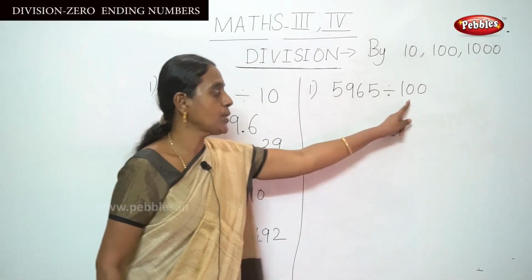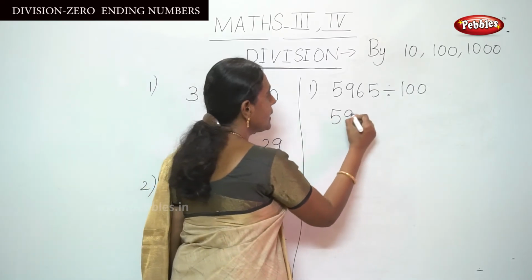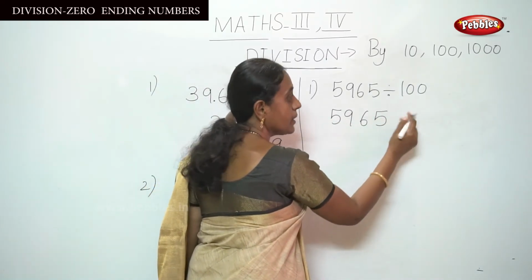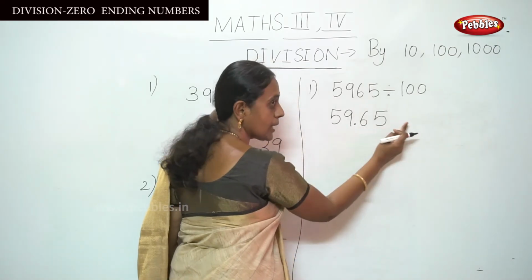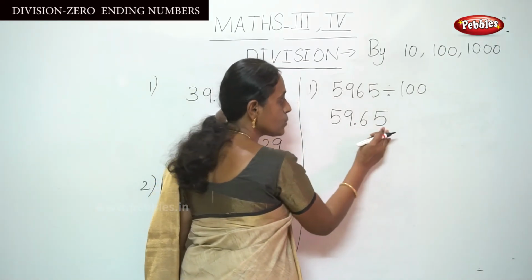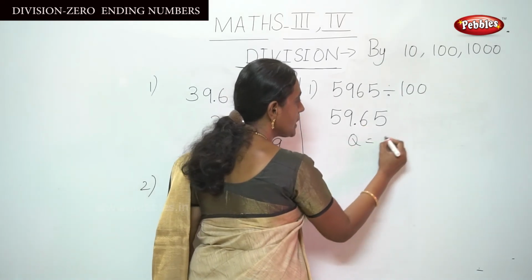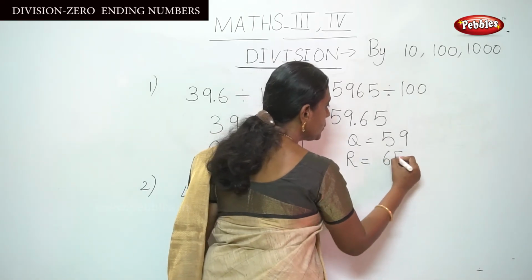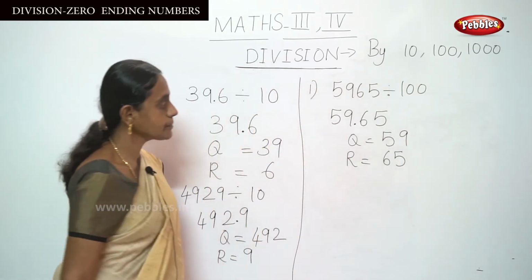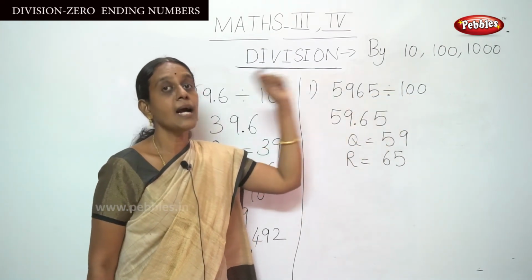There are 2 zeros. Count from the right towards our left, 1 and 2, and put the dot here. So quotient is equal to 59 and remainder is equal to 65. So this is a method to divide a number by 100.